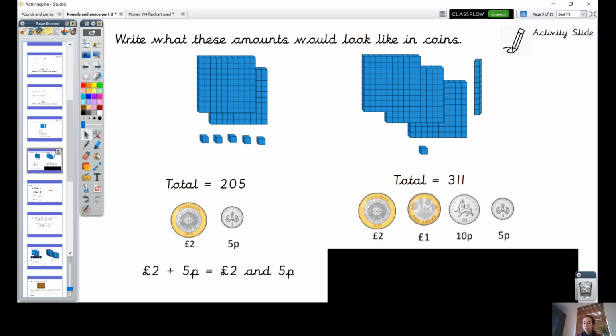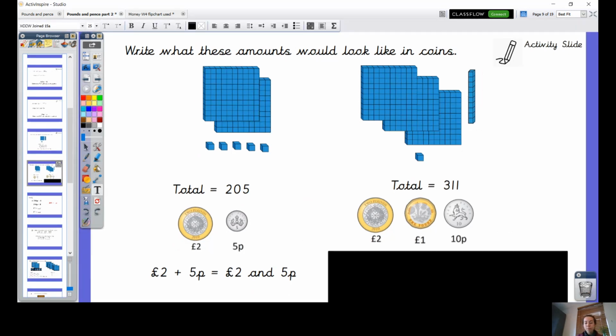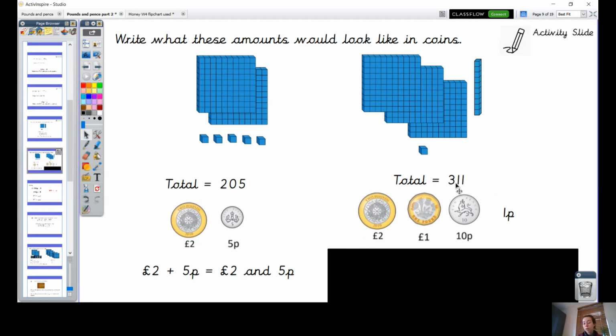For your coins, I would have actually split up that 300 because there's no such thing as a £3 coin, is there? So to make the least amount of coins, I would have drawn a £2 and a £1, a 10p, because there is such thing as a 10p, and a 1p there.